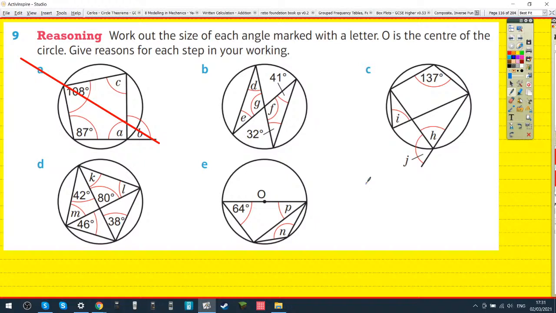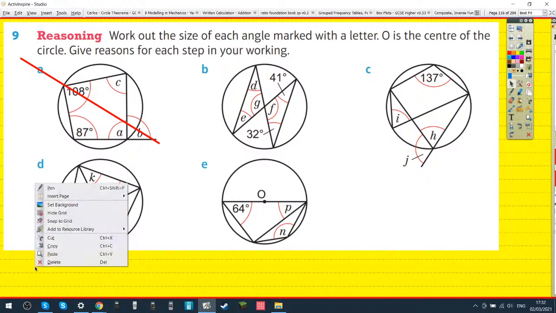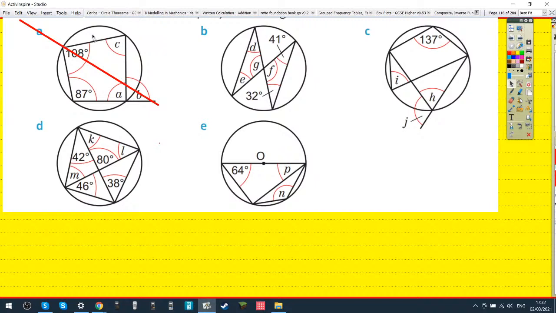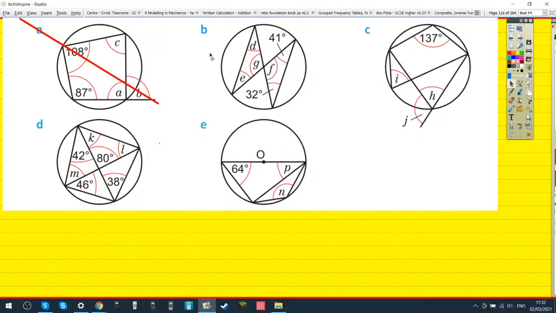So 41 add 32 is 73. 180 from 73 is 107, so F is 107 degrees.